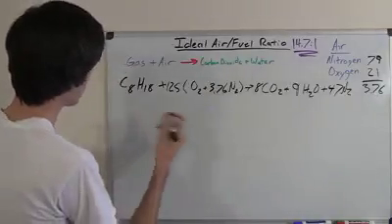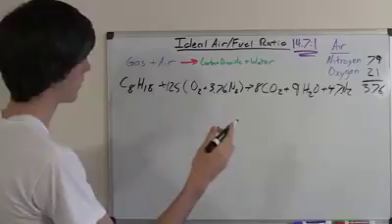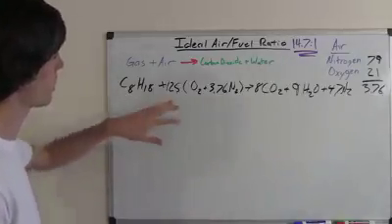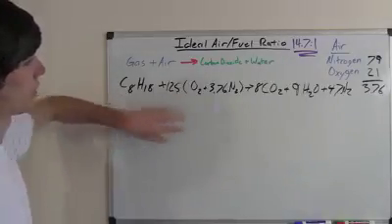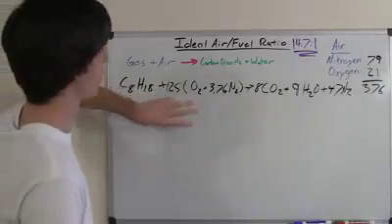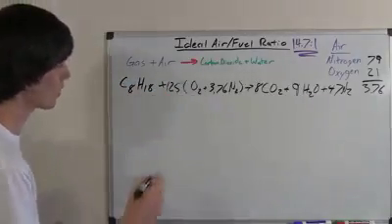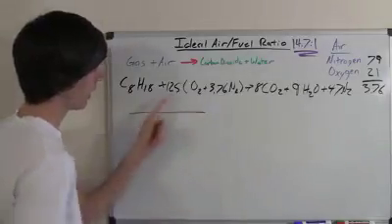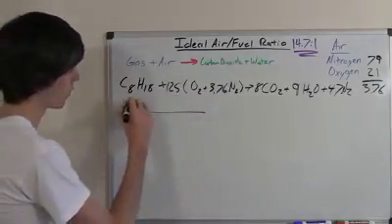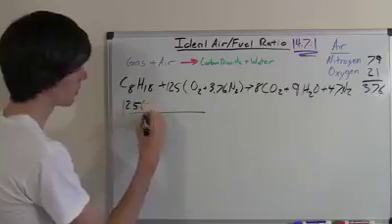Okay, so now that we've got this balanced out, we want to see what's the ratio of air to fuel that's going to give us the exact results we want in the exhaust. So we're going to take our molecules of air that we have. We've got 12.5 times the amount of oxygen.